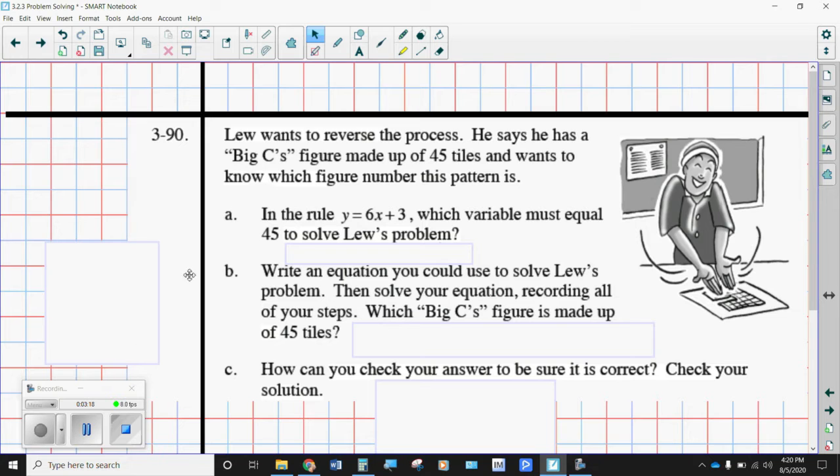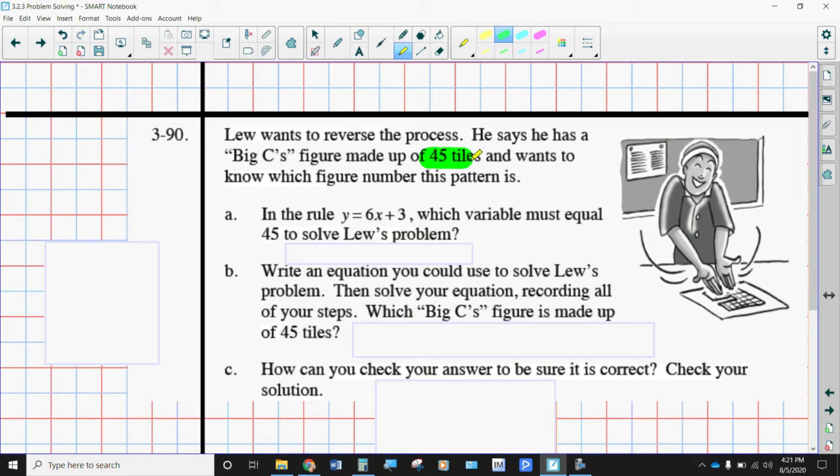Okay, so Lou wants to reverse the process. He says he has a big C figure made up of 45 tiles, and he wants to know which figure number this pattern would work for. Okay, so in the rule y equals 6x plus 3, which variable must equal 45?